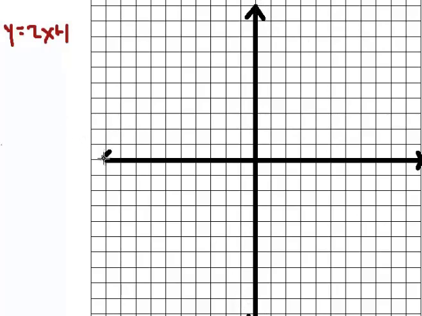But the truth is, you should really put an arrow here and an arrow here, just to illustrate that the graph goes on forever and ever. And then you should label your axes. This is going to be your x-axis, your horizontal axis, and up here is going to be your y-axis, which is your vertical axis. Okay, that's your x, that's your y.